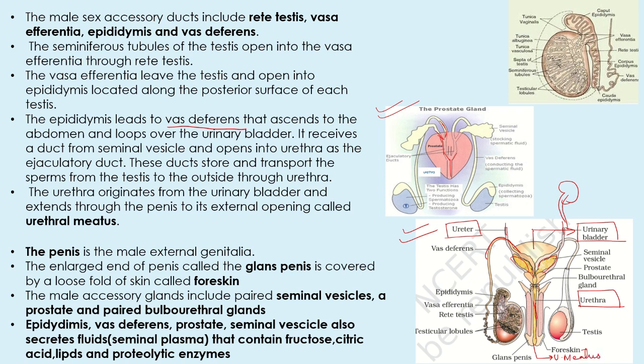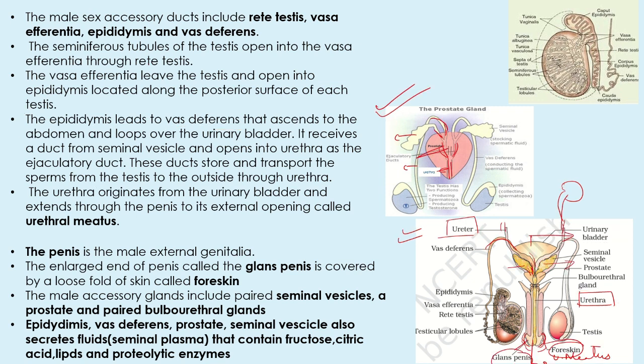Now, this elongated structure that you're seeing is the penis, and this enlarged bulbous portion towards the end of the penis is the glans penis. This glans penis has a loose fold of skin over it. This is called the foreskin. I hope it's clear.